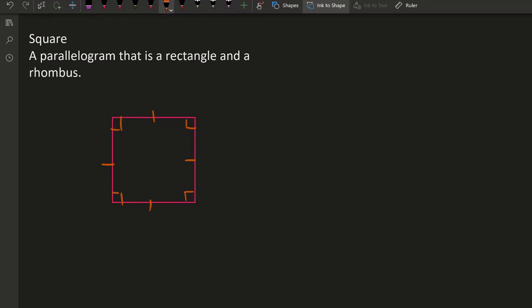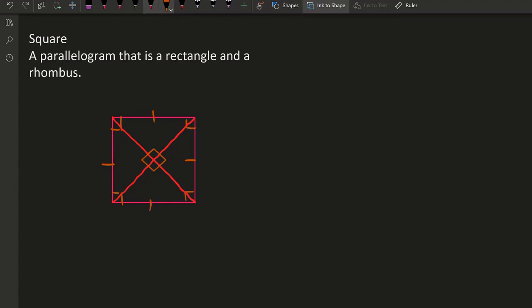But what does that mean about the diagonals of the square? Well, if I draw the diagonals of a square, the first thing is, if it's a rhombus, that means that the diagonals are perpendicular to each other. So all four of these angles in the middle are all 90 degrees.